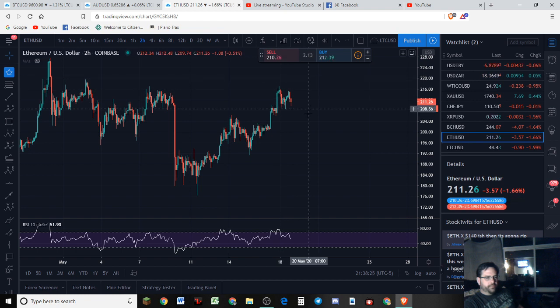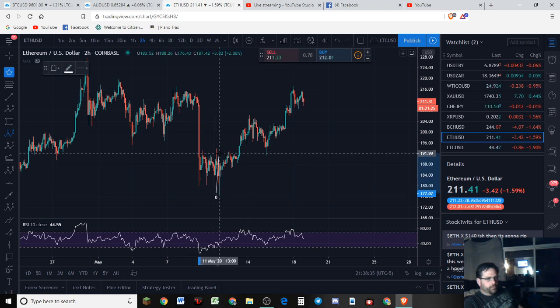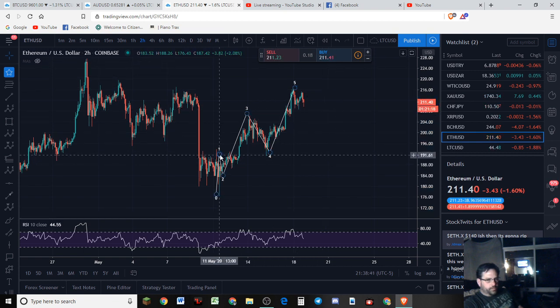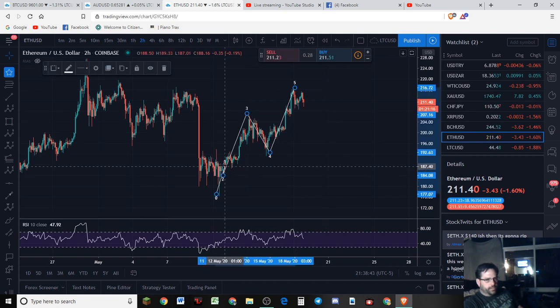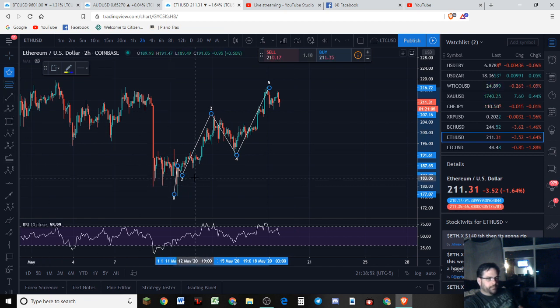This is an extended fifth. All right, that would give us a three-wave pullback. So I was a little wrong with what I was saying earlier. This would be a 1, 2, 3, 4, and 5. Did that breach the 1? No, it didn't. So 4 didn't breach the 1. Just a really deep 4.